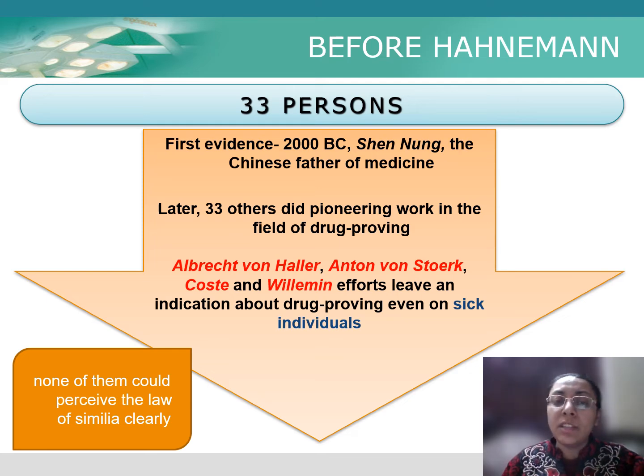Among these, Albrecht von Haller, Anton von Stoerck, Coste and Willemin made efforts which leave an indication about drug proving even on the sick individuals. But during this time period, none of these people could perceive a law behind these provings, which could be formulated into a principle.